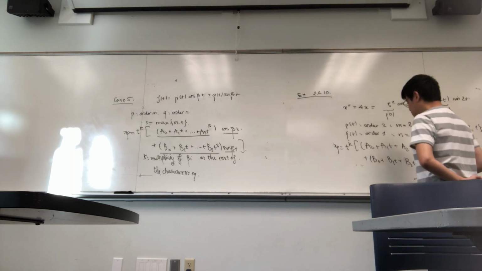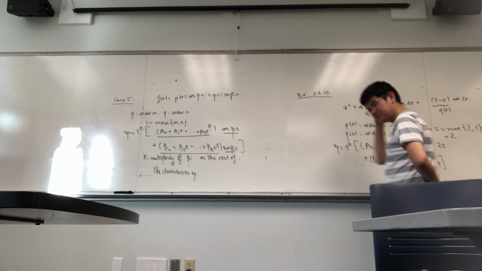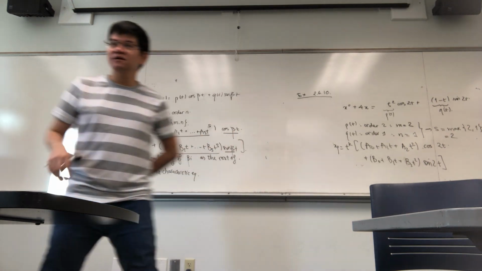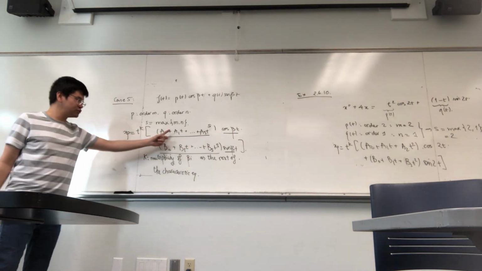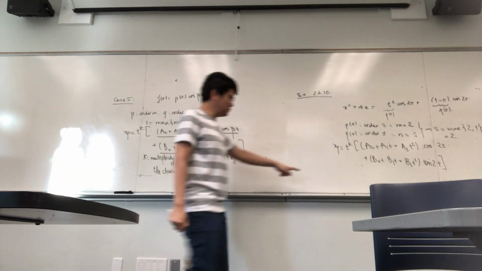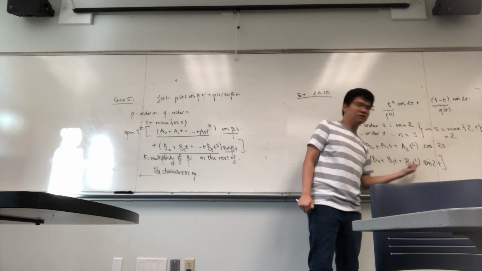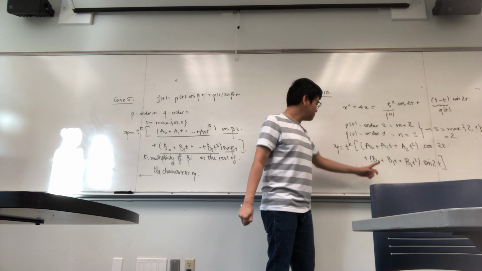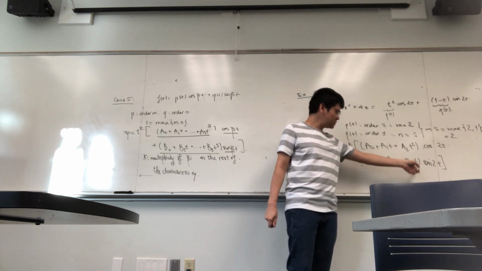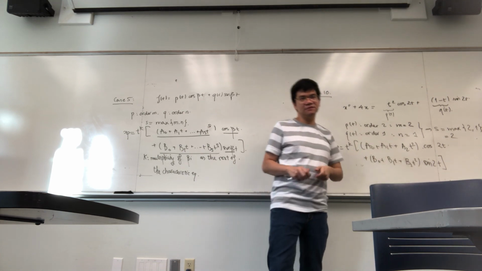All right, so k. In this case, s is 2. What I do is I put a0, a1 t, a2 t squared. This is the coefficient of cosine 2t, and then b0 plus b1 t plus b2 t squared. This is the coefficient of sine 2t.